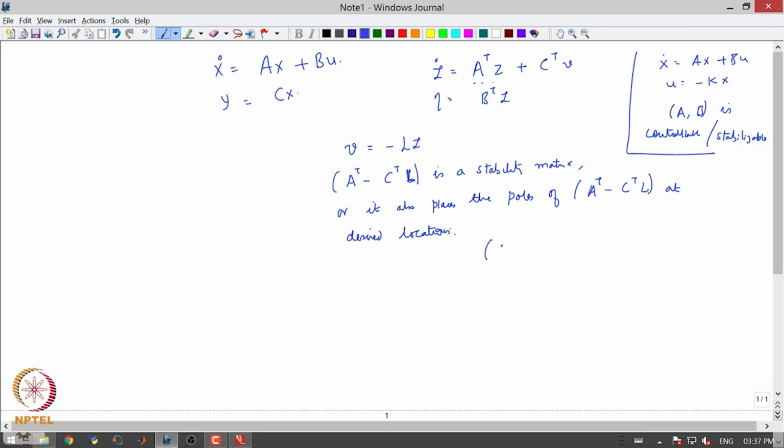Now, similarly look at this here. What I require for a pole assignment like this, or even stabilization, is that the pair A transpose, C transpose is controllable.